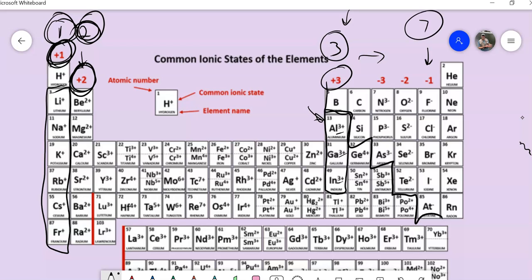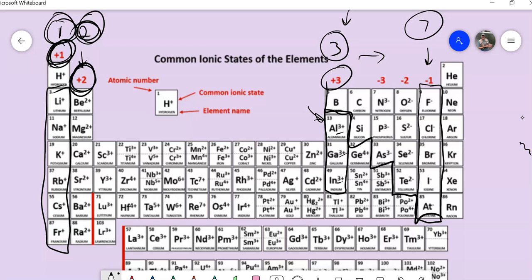So in order to have 8, all they need to do is gain 1 valence electron to fill that p sublevel. So all of these elements, you'll notice when they gain 1 electron, they form a -1 charge because they have 1 extra negatively charged electron. That's consistent. All of our halogens form a -1 charge as an ion.